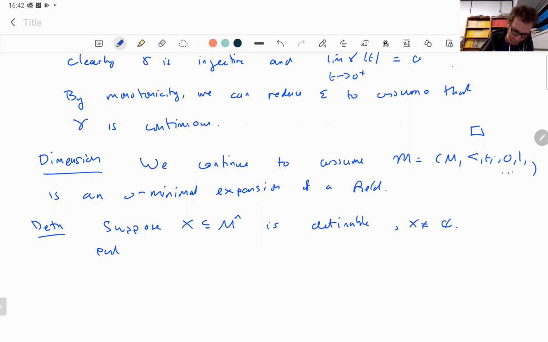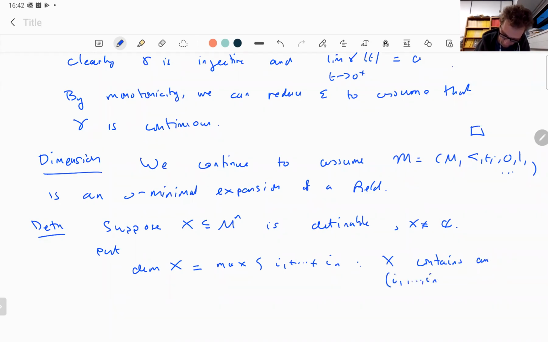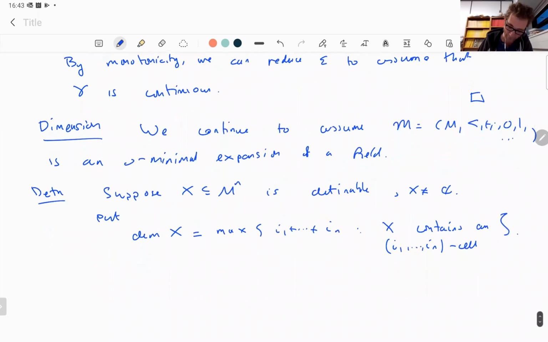Then I put dim X to be the maximum of the i1 plus up to plus in such that X contains an i1 up to in cell. And then I'll put the dimension of the empty set to be minus infinity.